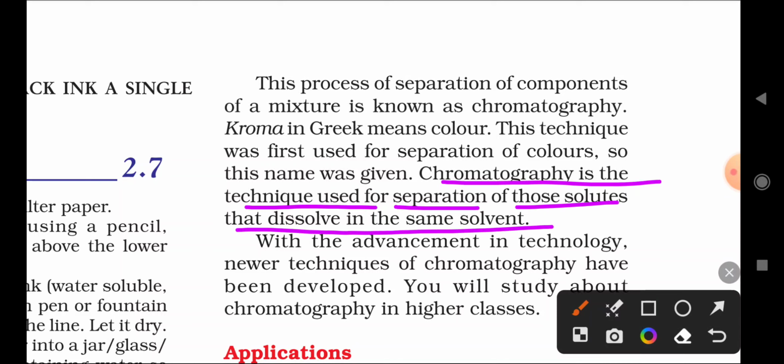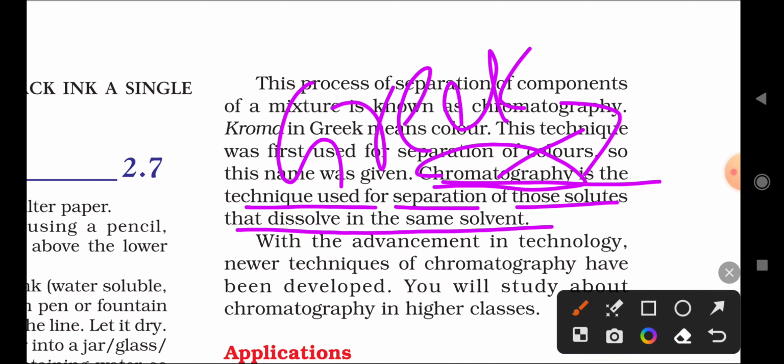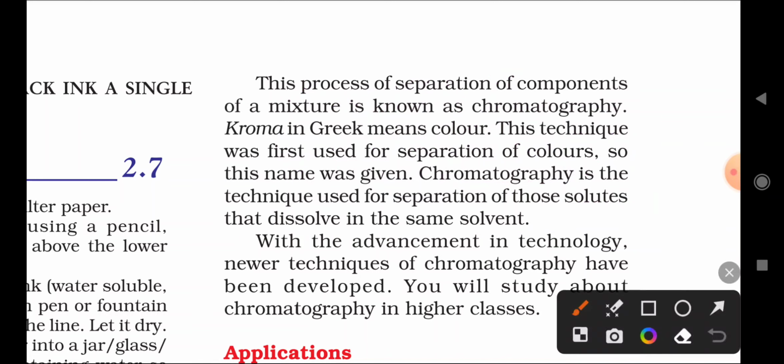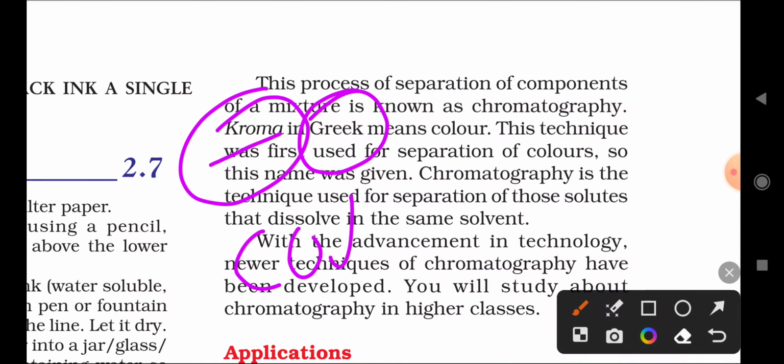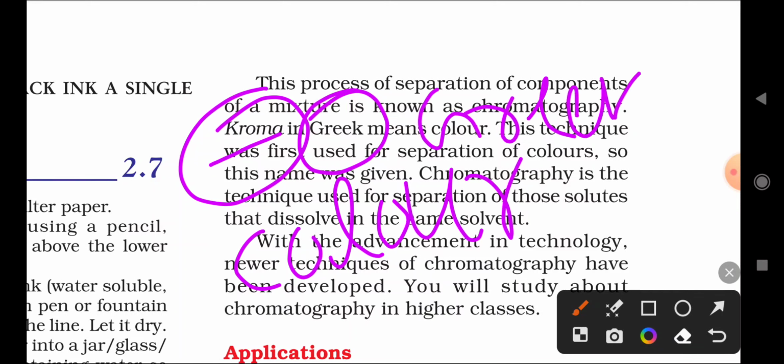Remember that the word chromatography comes from the Greek word chroma, which means color. So that is named chromatography.